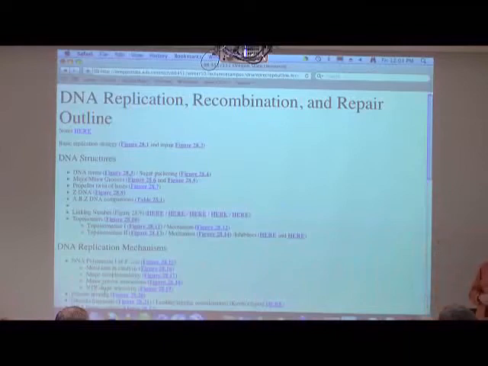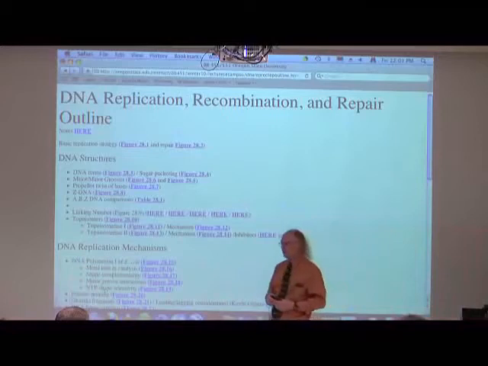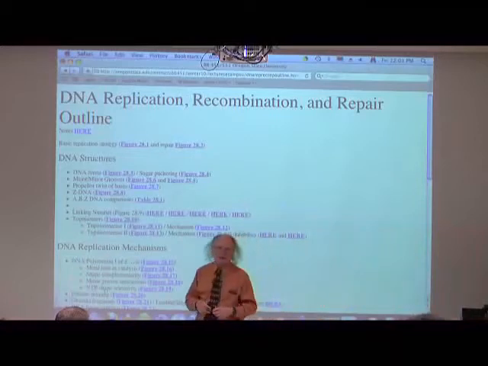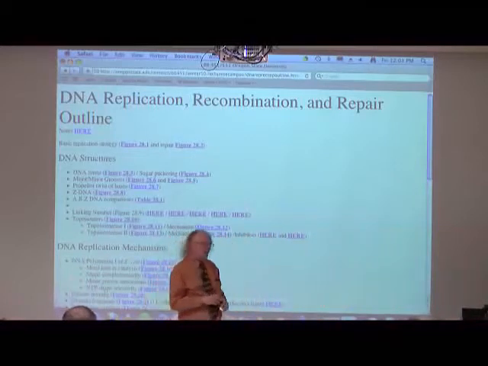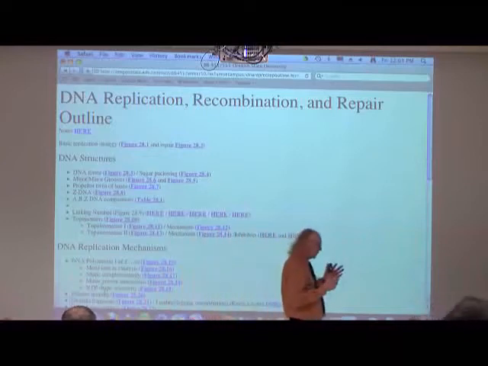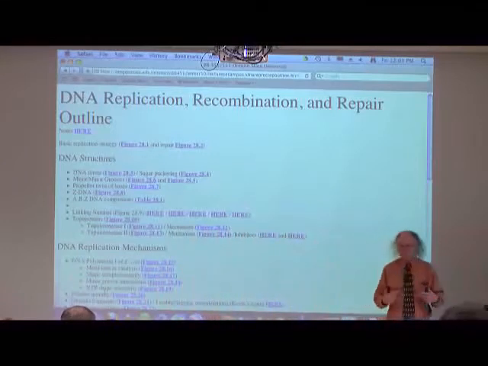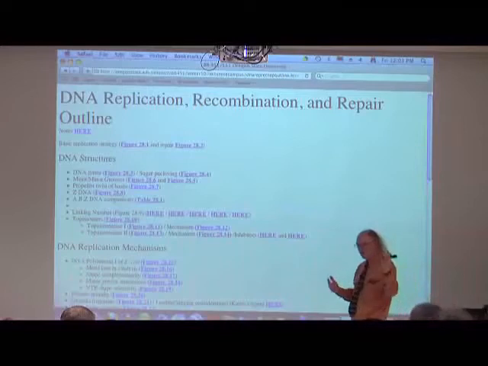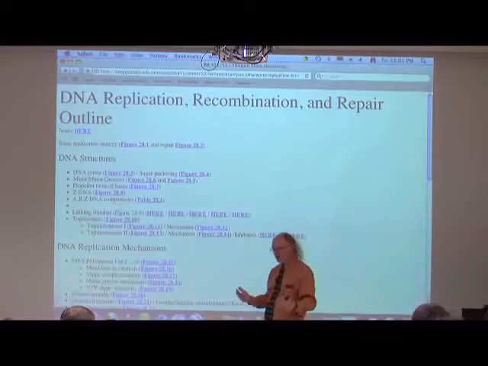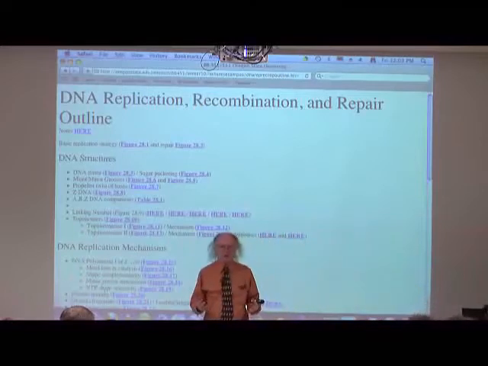All the action that happens in nucleic acids, with one exception that I'll talk about later in the term, occurs between carbons 5 and 3. So if I think about carbon 5, it's got a phosphate on it. I think about carbon number 3, it's got a hydroxyl on it.